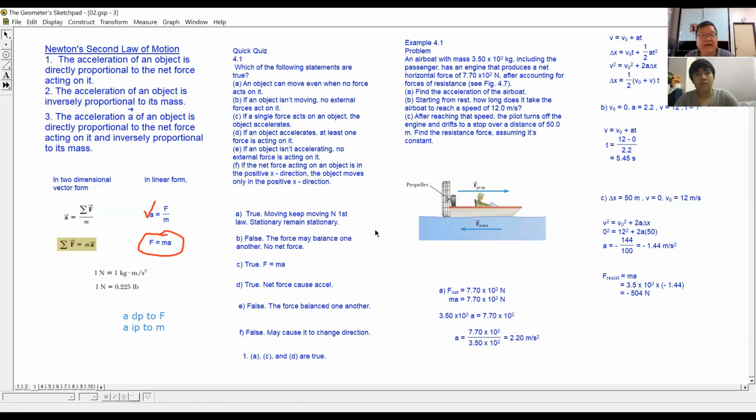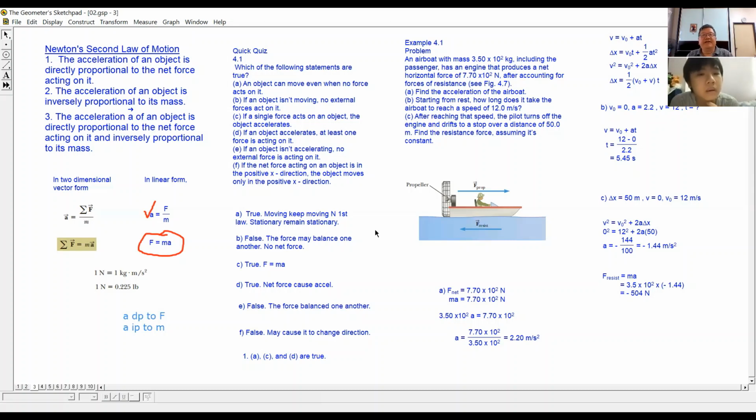So it doesn't mean that if it's not moving or it's not accelerating, there is no force. There are forces acting, at least two of them, but they are counteracting one another. That's why the object is not accelerating, or that's why the object is not moving. So E is not true. No force acting on it is not true.